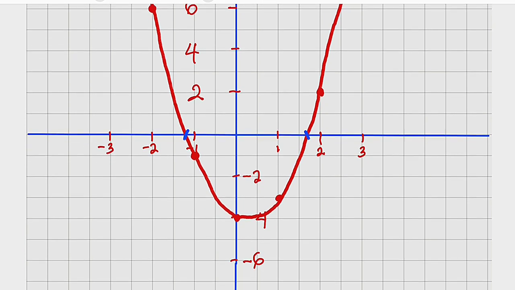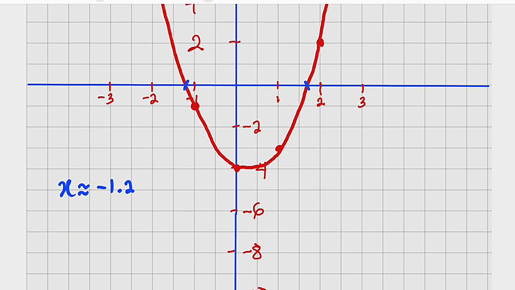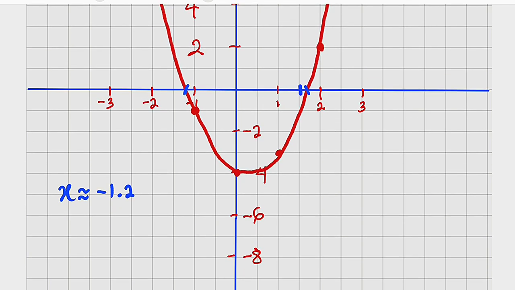I cannot read it exactly, but let me just write it. x is approximately equal to, let me say, -1.2. And this other one, we can read it as, you see here is 1.5, so this is greater than 1.5. Can we call it 1.6? So x equals 1.6. So this is C Roman 1.